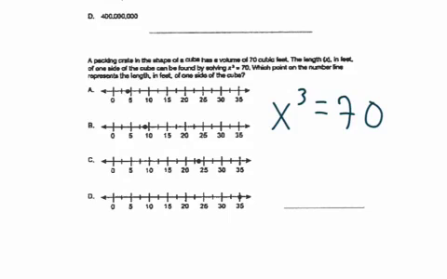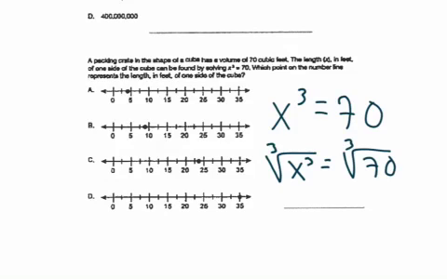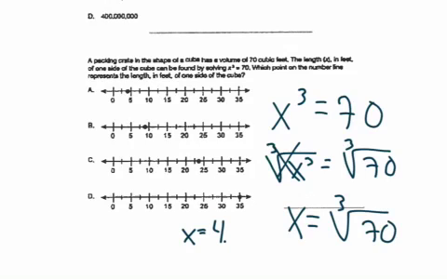The opposite of cubing is to take the cubed root of each side. When I do that, on my left, all I'm left with is X. So X is equal to the cubed root of 70. And make sure you plug that in your calculator correctly. If you forget how to do that, ask your neighbor or your teacher, or refer to the beginning of the video, and we would have roughly X equals 4.1.